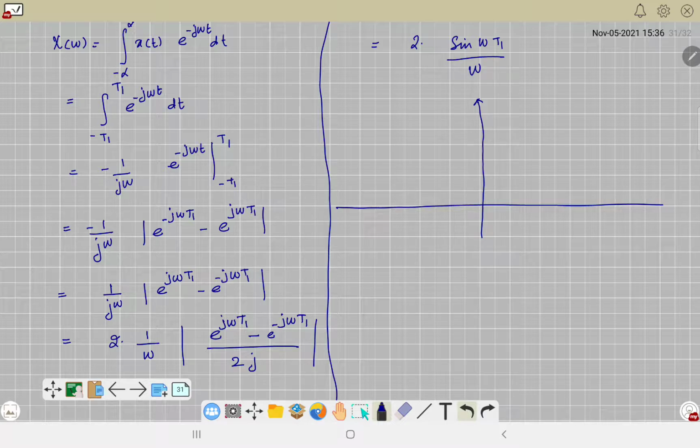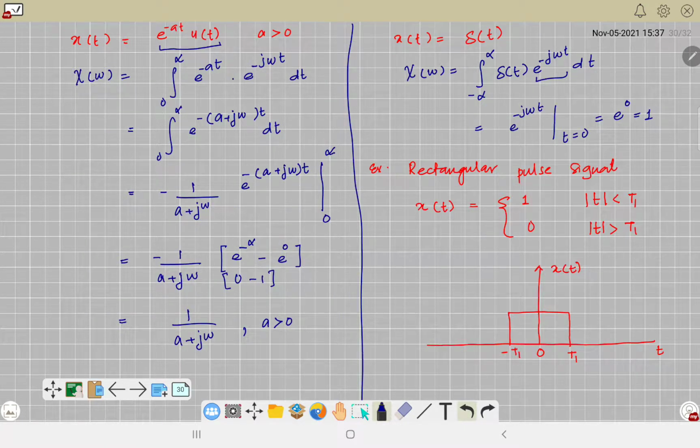There is a function like this which continuously decreases like this. Right, so this is my X of omega. So you can say in the time domain, this is your rectangular pulse, the representation of a rectangular pulse in the time domain.